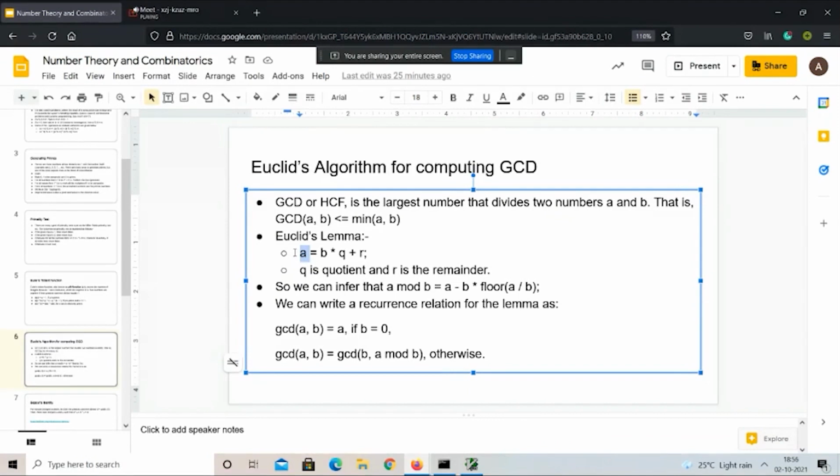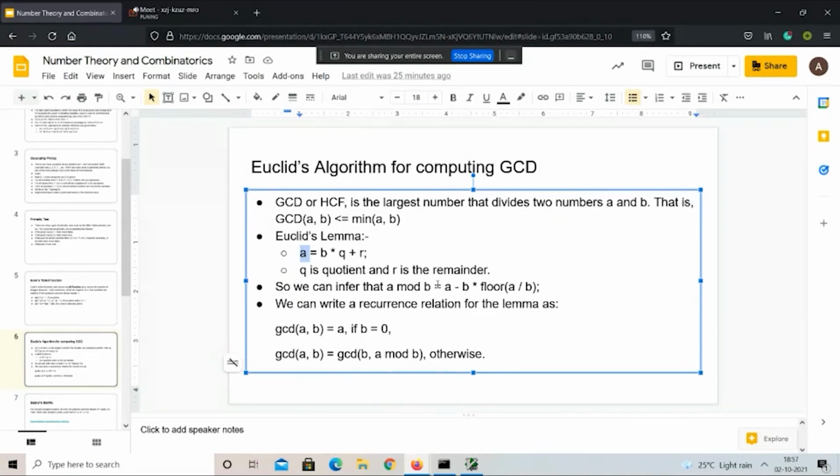In your 10th standard you will have this topic: A is equal to BQ plus R. Even in the first chapter itself, it is there. So A is the dividend, B is the divisor, and the dividend can be represented as the product of divisor and quotient plus the remainder.